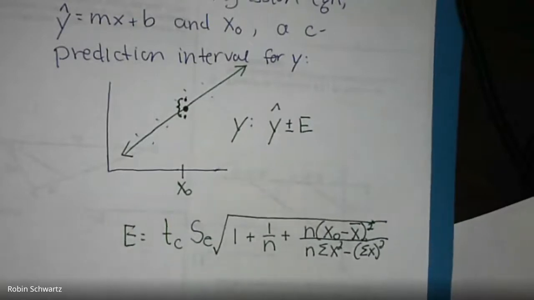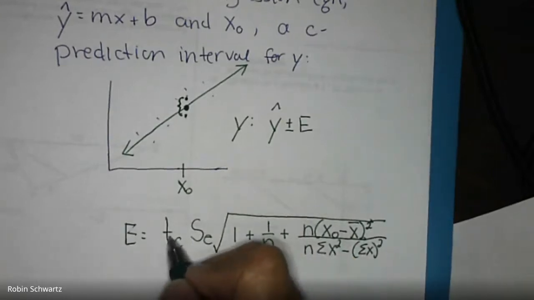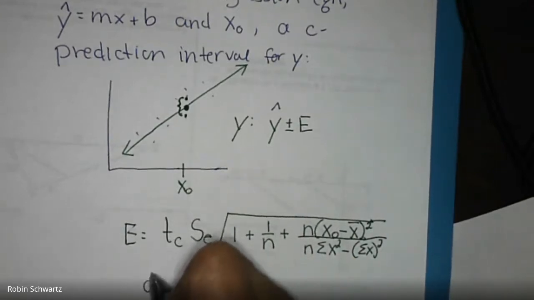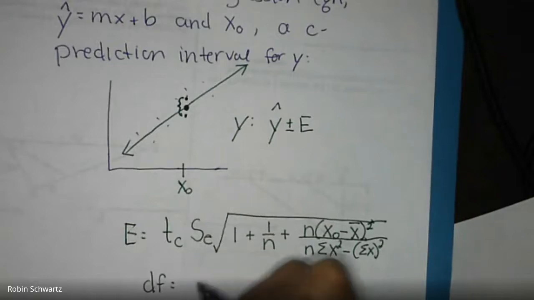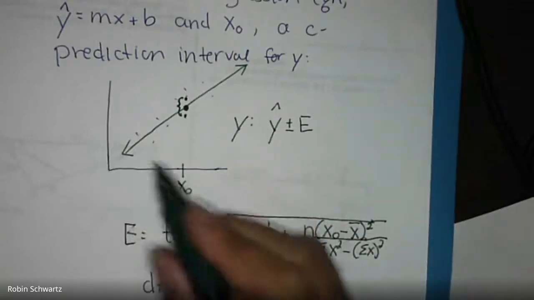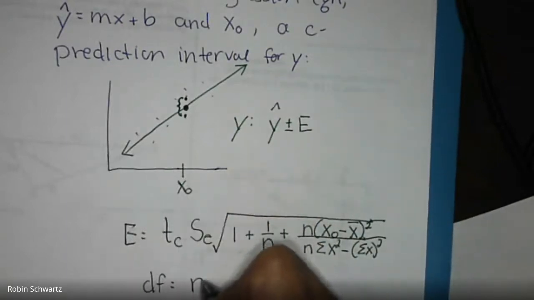So it's just a great big plug and chug formula. And to use our T table, we need degrees of freedom. Because we've got two variables, the x and the y, our df is n minus 2.